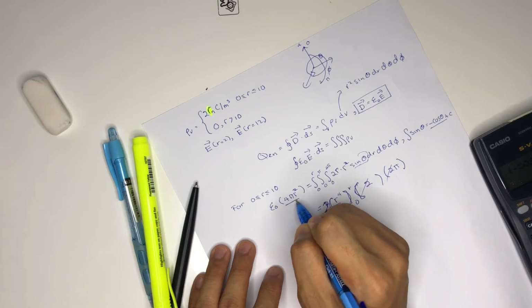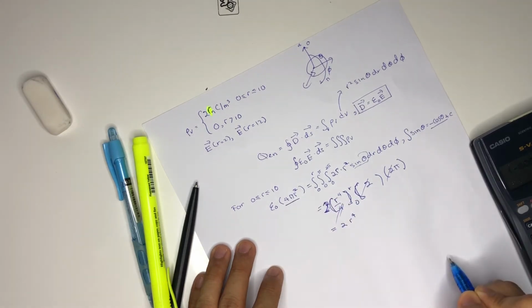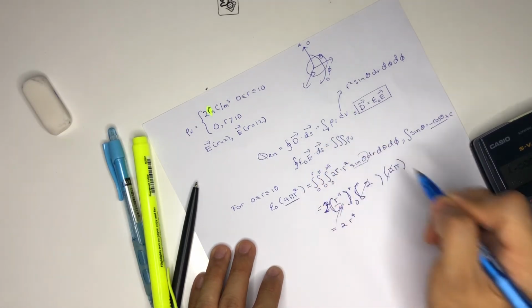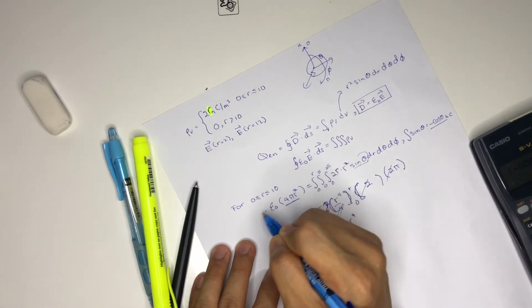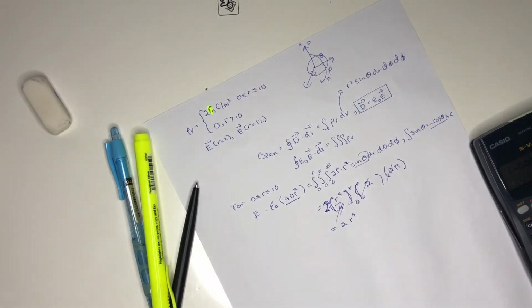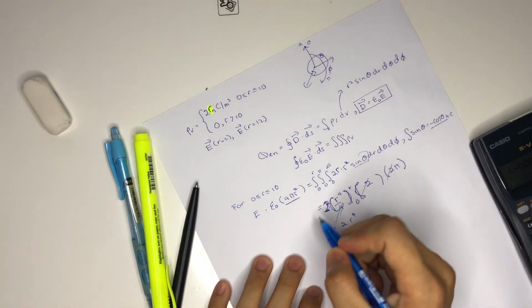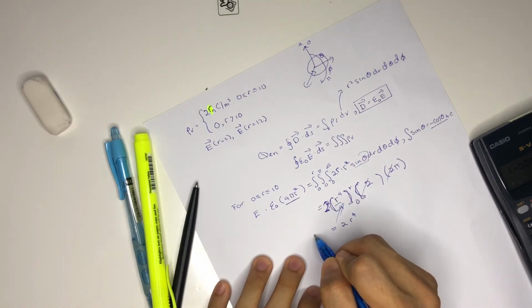So this is your dS, because this will result in a scalar, right? This one, your epsilon naught, and sorry, so this is your E, your magnitude. So how do you get your E?